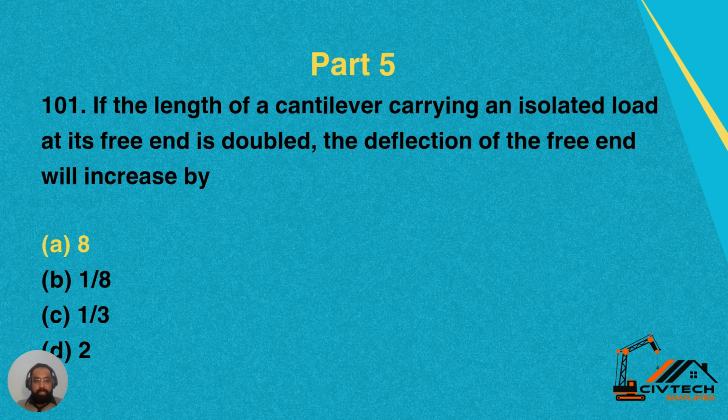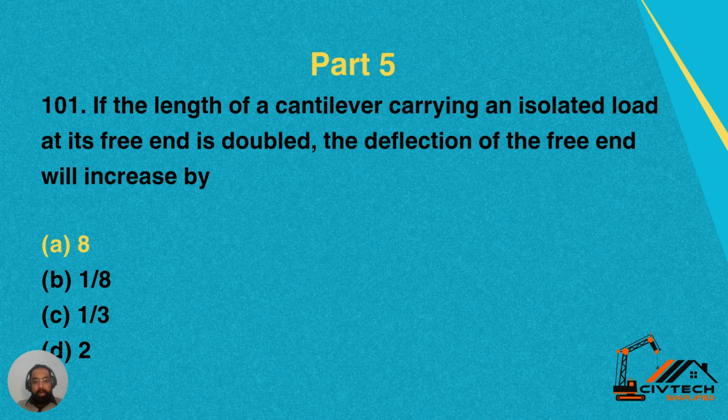Remember, in part 4 we discussed that if we double the thickness of the beam, what would happen with the deflection? So we saw that it was going to be half. But here in this question, the question is regarding the length of the cantilever beam, which is carrying an isolated load at the free end.